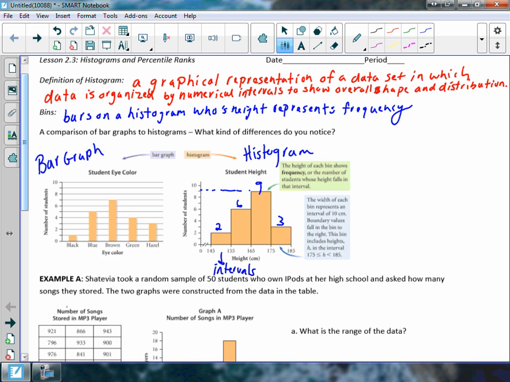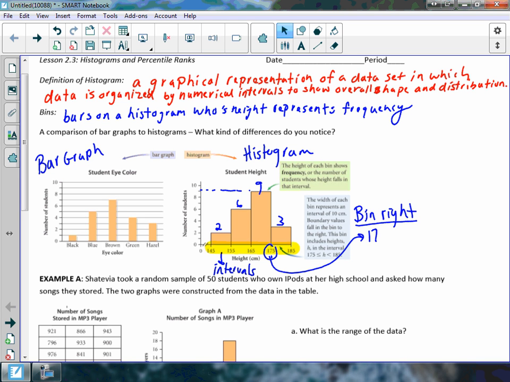You do have to make a determination on these boundaries, which bin you're going to place items that match that boundary value. I would always like you to go bin right. And what does that mean? Bin right essentially means that a value of 175 would be in the right bin.